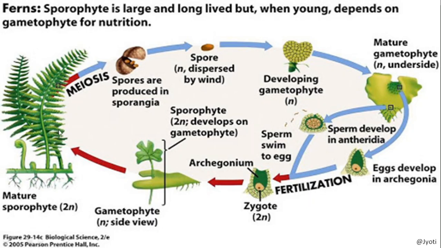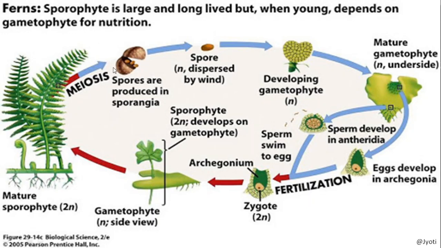It is the predominant phase in the life cycle. Now the leaf that contains the sporangium is called sporophyll. All the leaves will not contain the sporangium. Only those leaves which contain the sporangium are called sporophylls. Here you can see the sporophylls which contain the sporangium that has been produced.